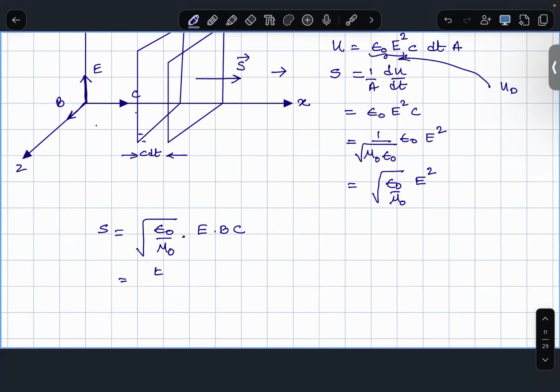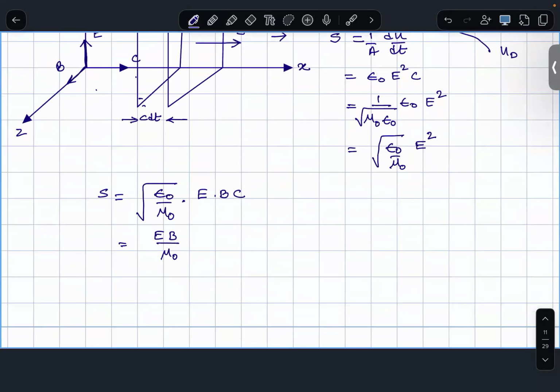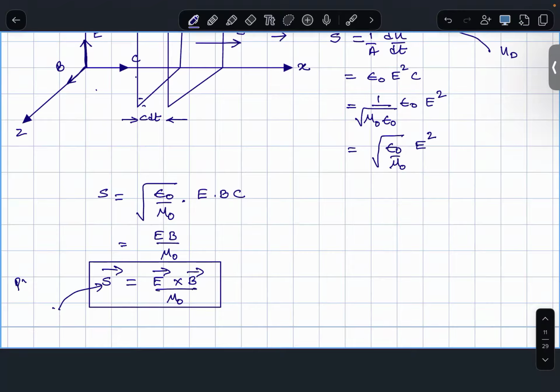So this is nothing but mu naught. Finally, how to write vectorially? Excellent. S bar is E bar cross B bar by mu naught. This term is Poynting vector.